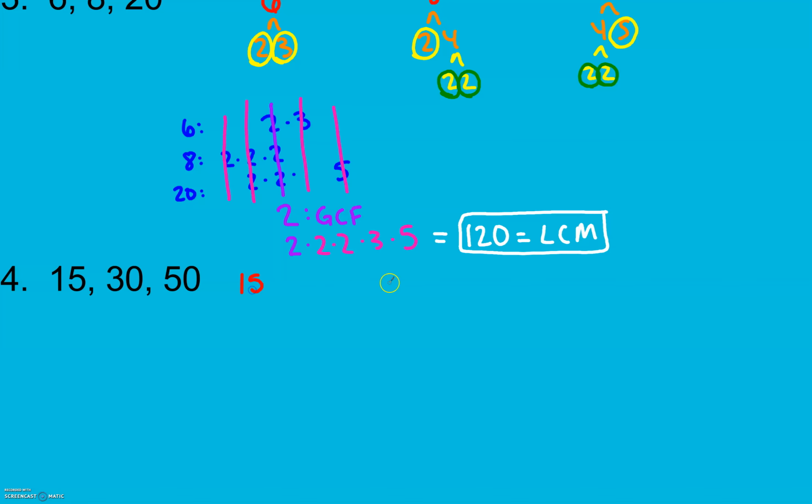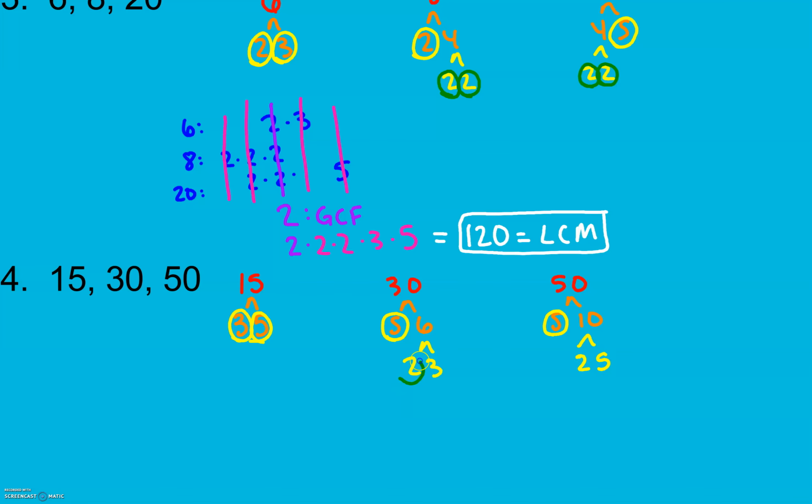15, 30, and 50. I'm going to find my factors. 3 times 5, 5 times 6, 5 times 10. 3 and 5 are prime. My 6 is 2 times 3. 10 is 2 times 5.